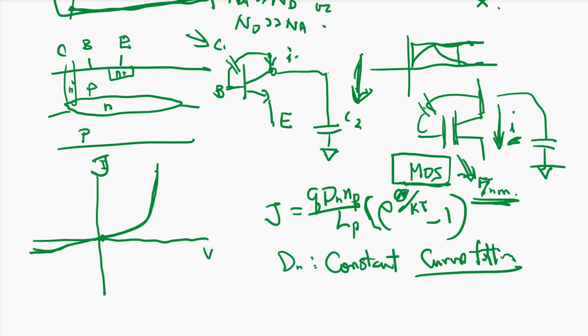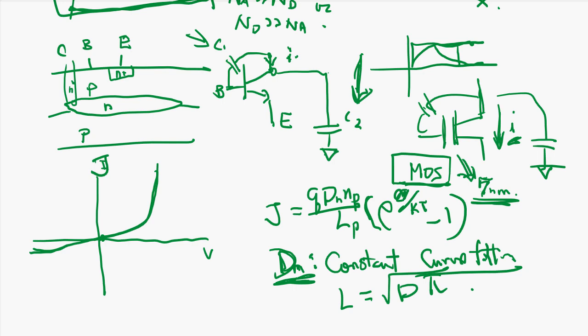So you can't get exactly the experimental equation, so you need to adjust by some constant. So D is a constant, and L_p and L_n are going to be D tau.